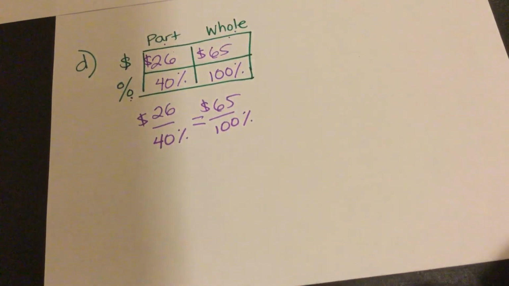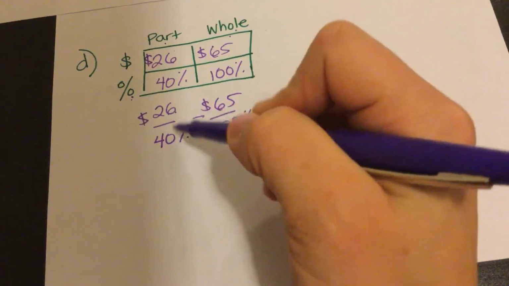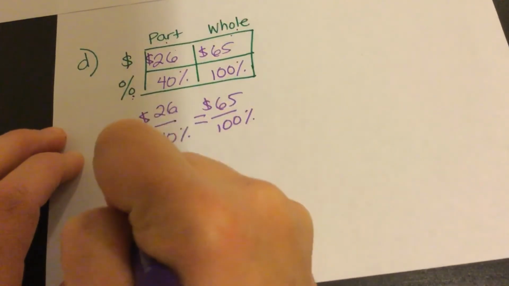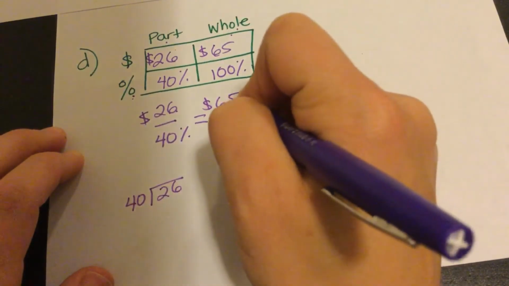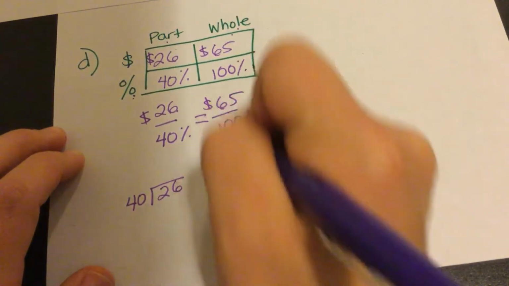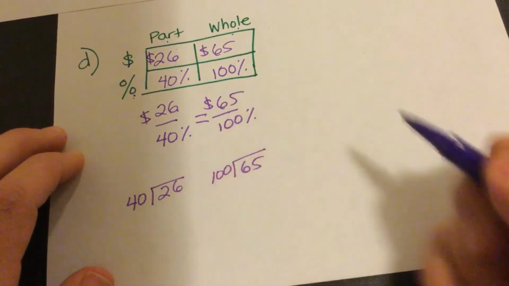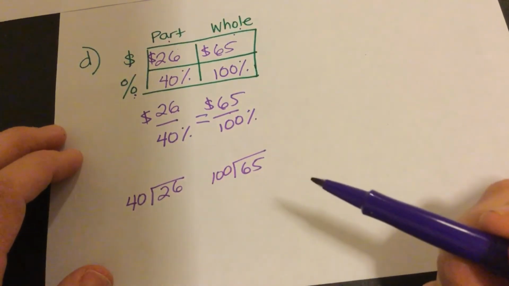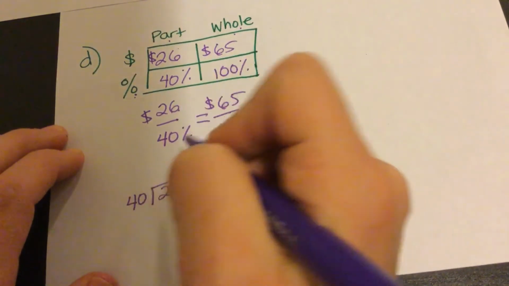I need to confirm that these are the same. I could use division. I could do 26 divided by 40, and I could take 65 divided by 100, and if I get the same number for both of those, then I know that these are proportional. In this case, they are.